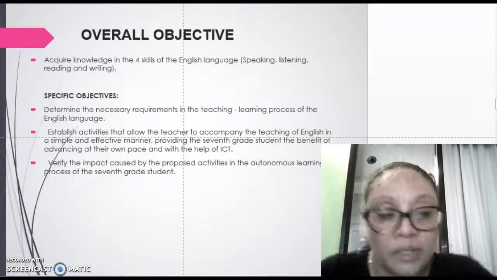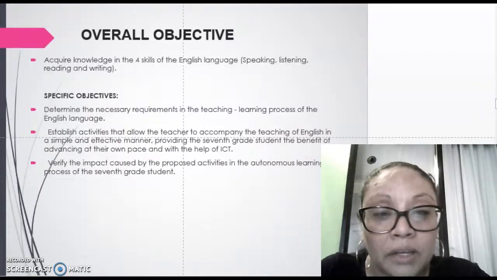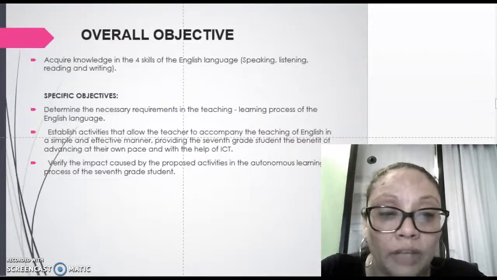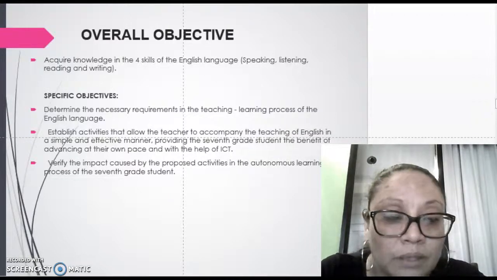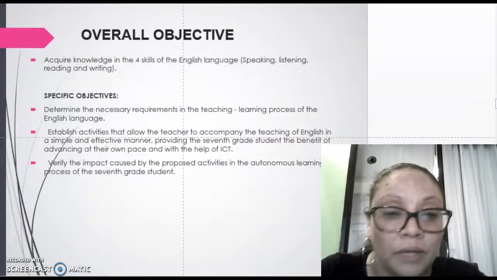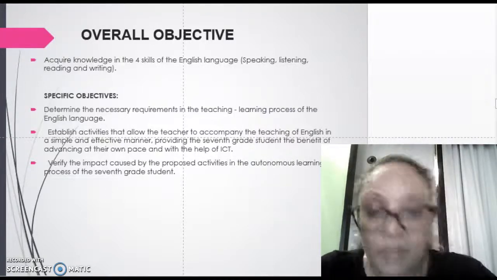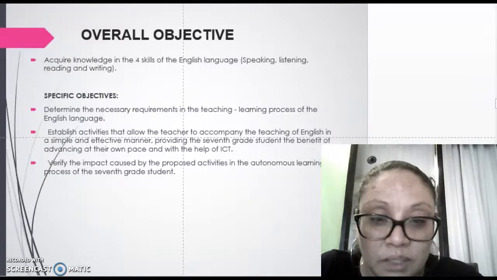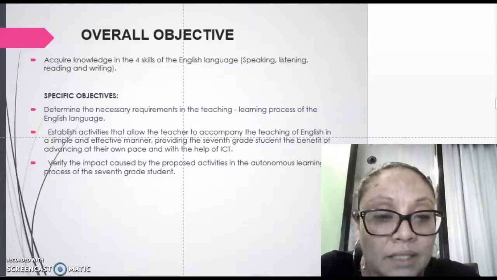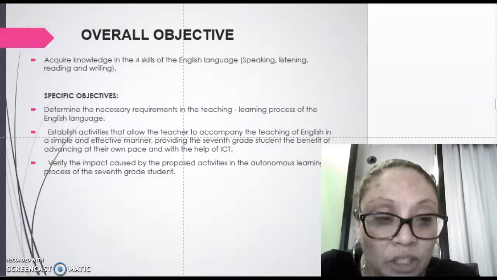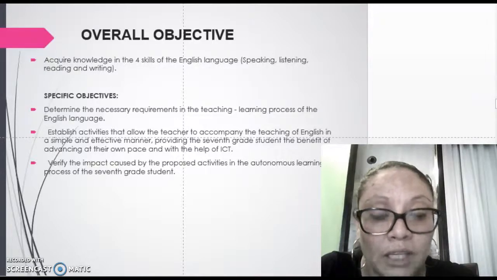Overall objective: acquire knowledge in the 4 skills of the English language: speaking, listening, reading, and writing. Specific objectives: determine the necessary requirements in the teaching-learning process of the English language.